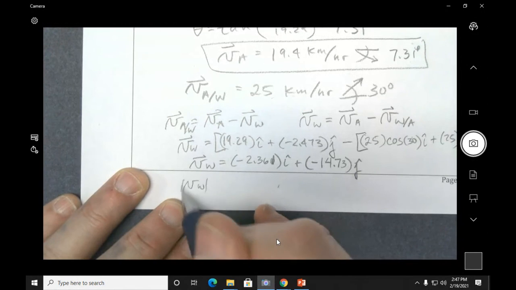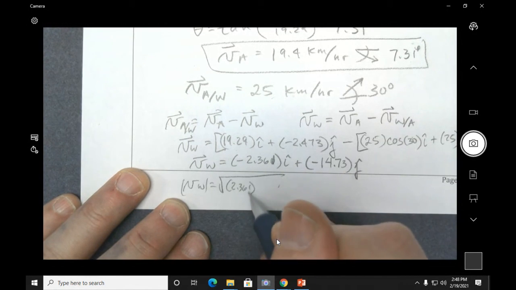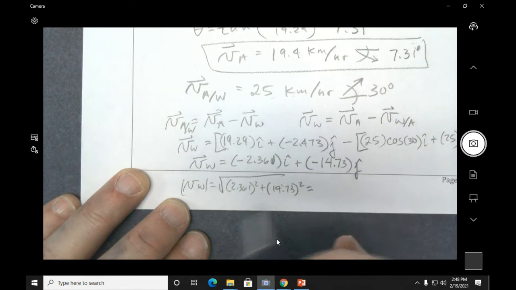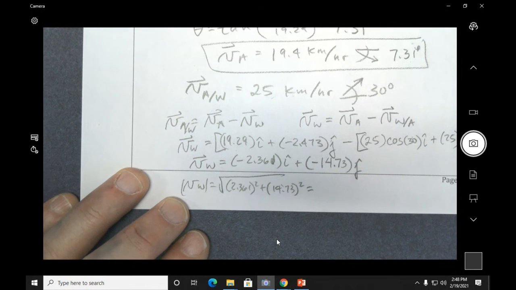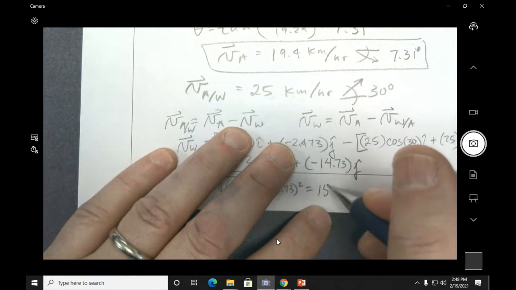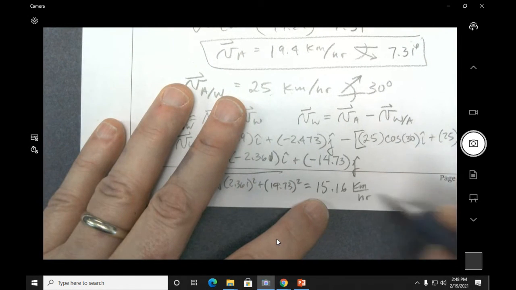So my velocity of the wind: 2.361 squared, 14.73 squared, add them together, take the square root, and that's going to be 15.16 kilometers per hour.